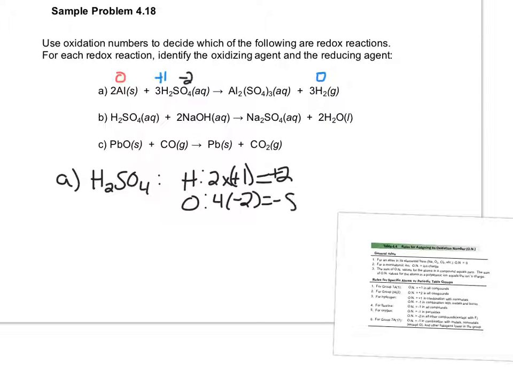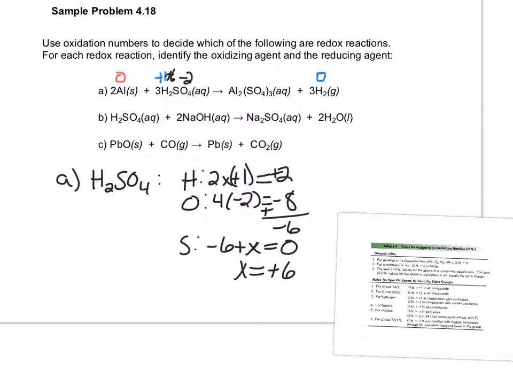So that's -8. And then I got to add those two things together, right? So that's going to be -6. So for sulfur, I have to ask myself, -6 plus what equals 0? X has to equal +6. So let me put my +6 above my sulfur there.